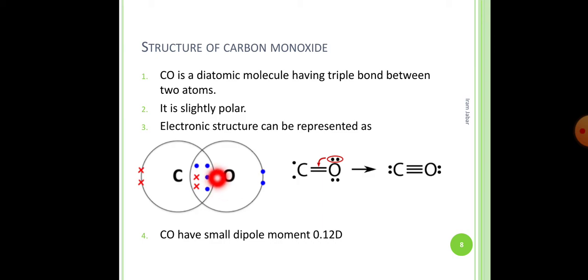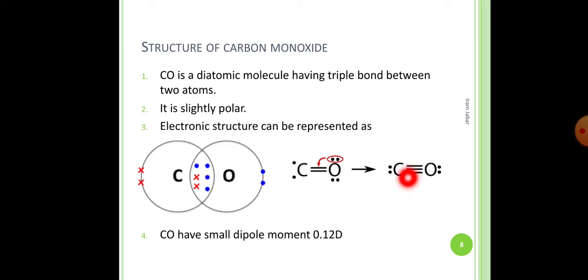oxygen donates its lone pair to the carbon atom and forms a coordinate covalent bond, while the other electrons form covalent bonds by mutual sharing of electrons. In this way, in the structure of carbon monoxide, there are three bonds.